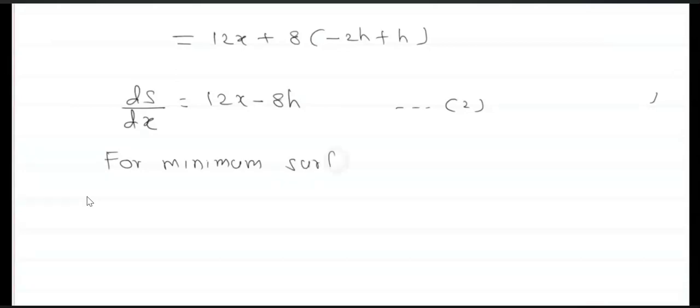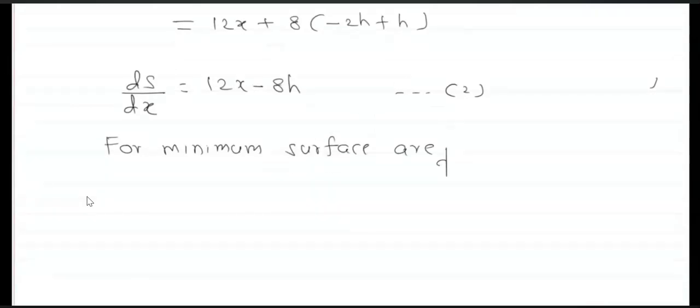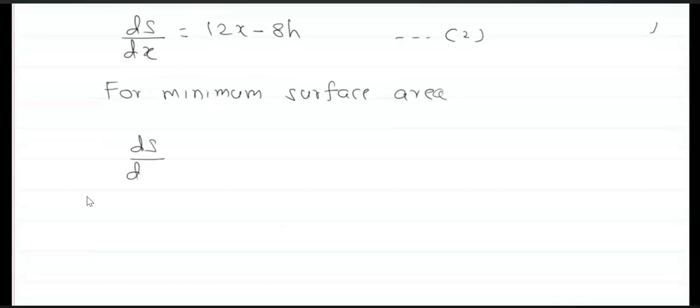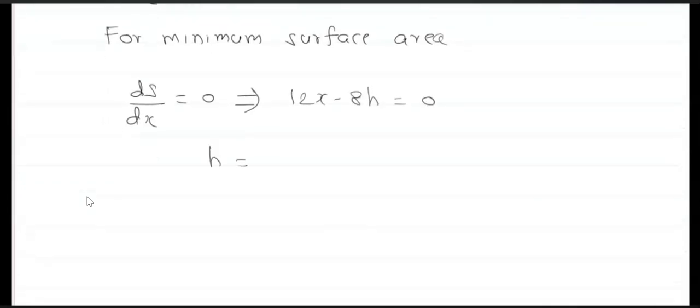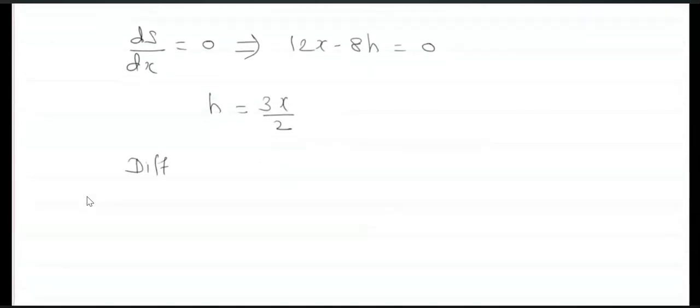Now for the minimum surface area, ds upon dx is equal to 0, 12x minus 8h. Therefore, h is equal to 3x upon 2.